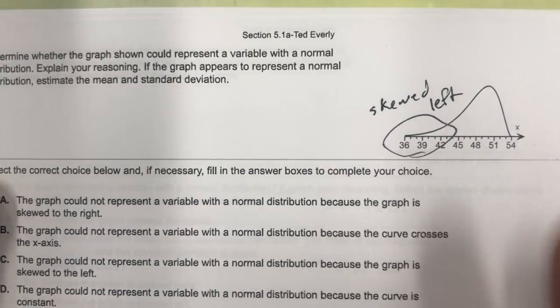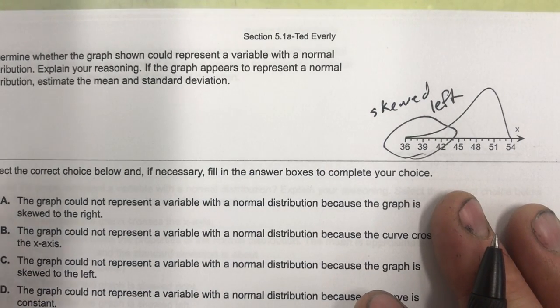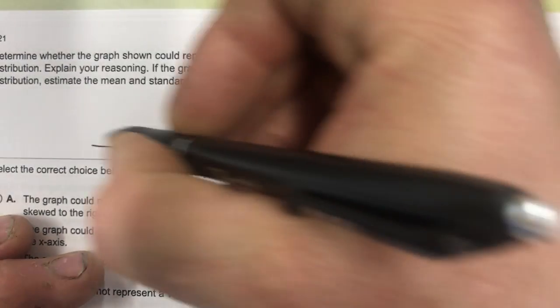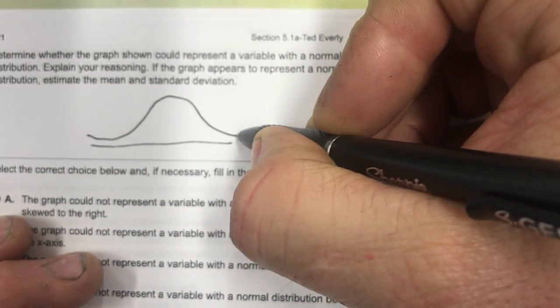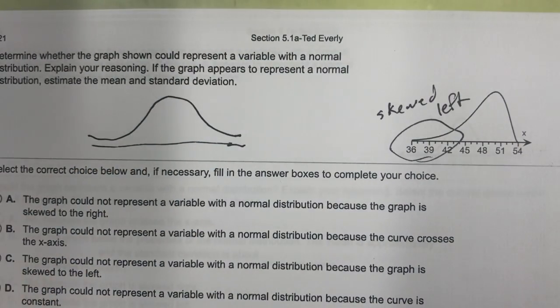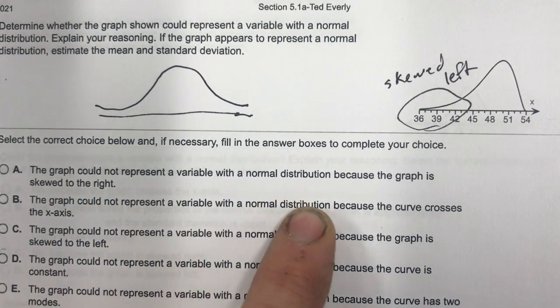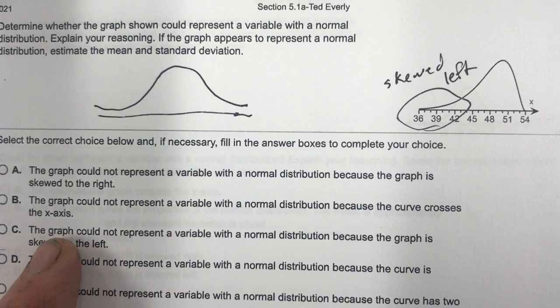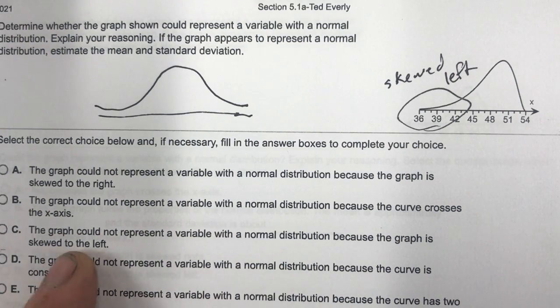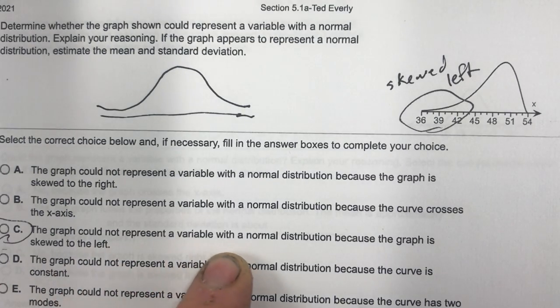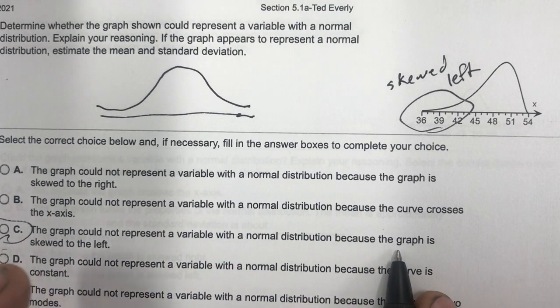So this would not be a good normal distribution because it's skewed left. To be a normal distribution, it's symmetric, like this right here. So could not represent, no, it's not skewed to the right, it crosses the x-axis. Right here, C. The graph could not represent a variable with normal distribution because the graph is skewed to the left.